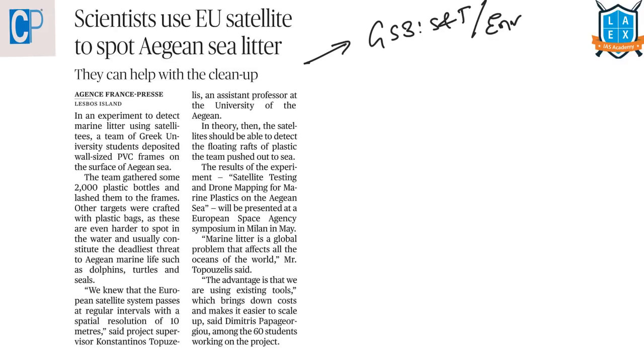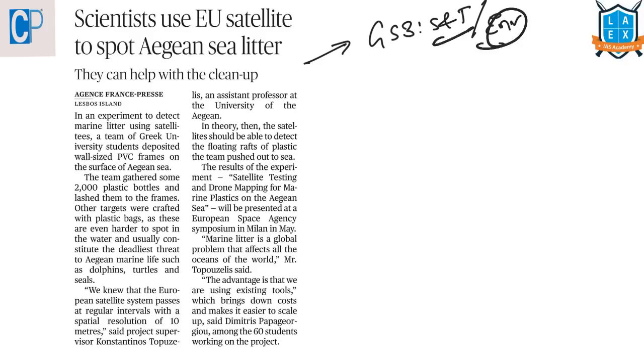And the next article is Scientists use European Union satellite to spot Aegean Sea litter. This article comes under GS paper 3 under the topic of science and technology and also under environment. The scientists have used a European Union satellite in order to find out the maritime litter of plastic bags in the Aegean Sea.